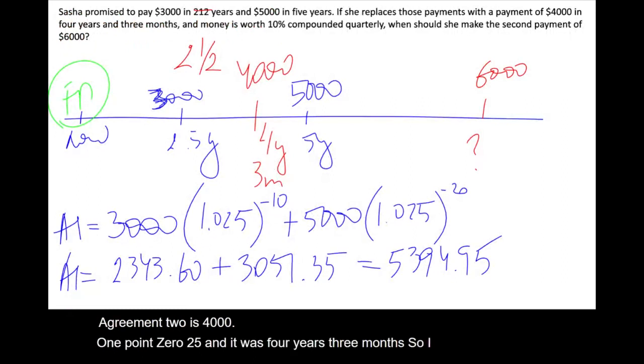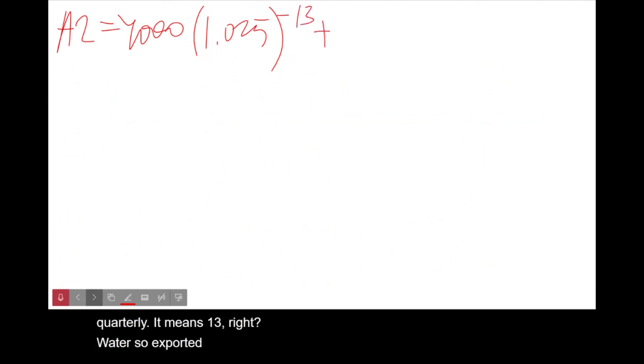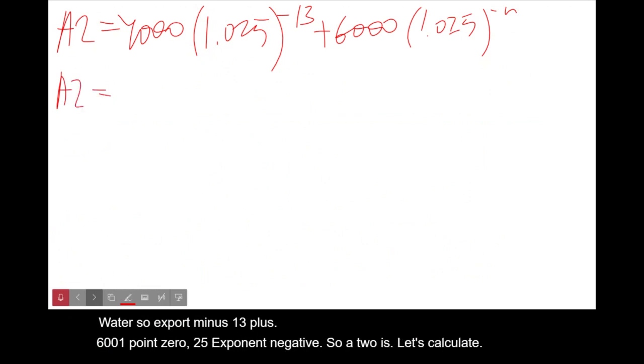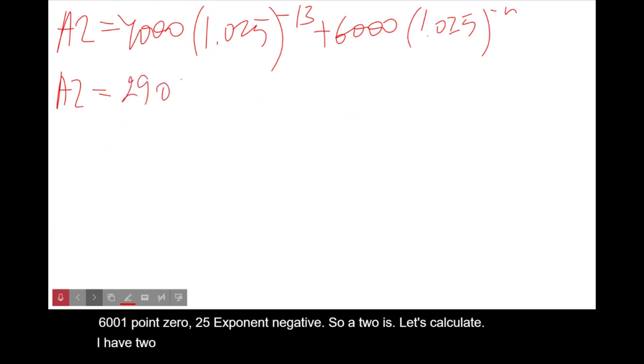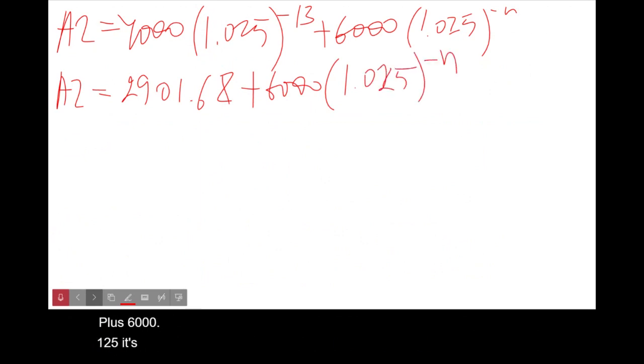So I compound quarterly, it means exponent negative 13, plus 6,000 times 1.025 exponent negative n.